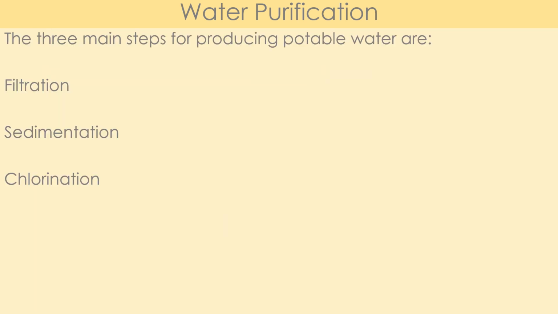So, our 3 main steps for producing potable water are filtration, sedimentation, and chlorination. So filtration is to remove large insoluble solids.